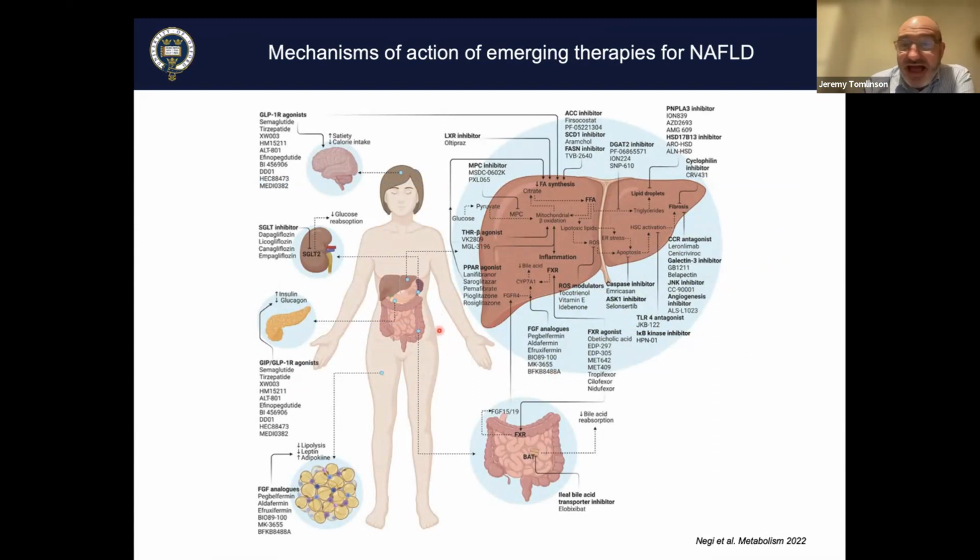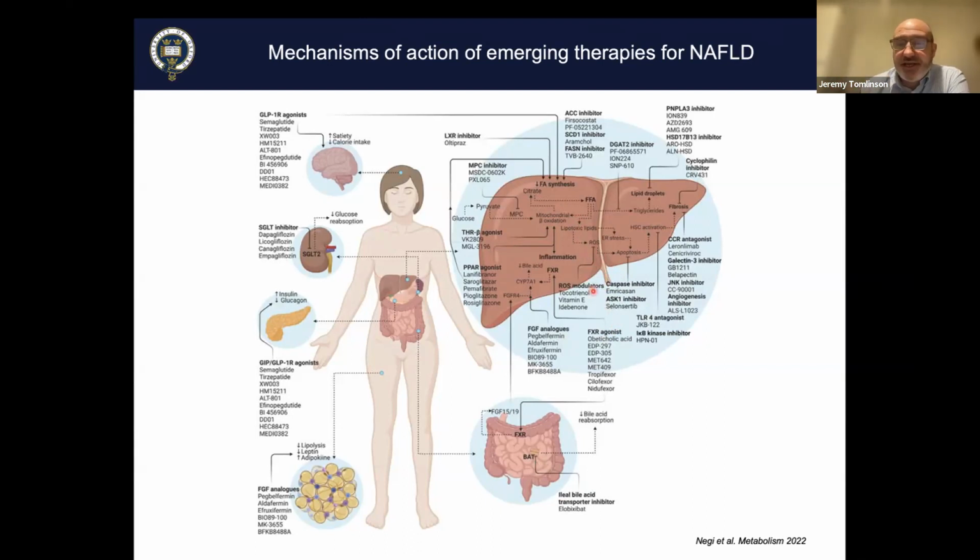We know, for example, that adipose tissue has a crucial role, and most of the fat that we end up storing in our liver is derived from lipolysis, from fatty acids derived from adipose tissue that enter the portal circulation, then enter the liver. Yes, there are processes like de novo lipogenesis, generating new fatty acids and new triglyceride within the liver.